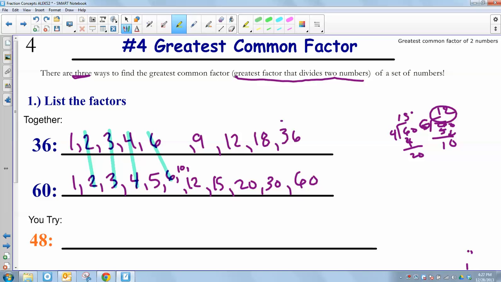So my greatest common factor is going to be 6. Common factors would be 2, 3, and 4, but my GCF is 6.